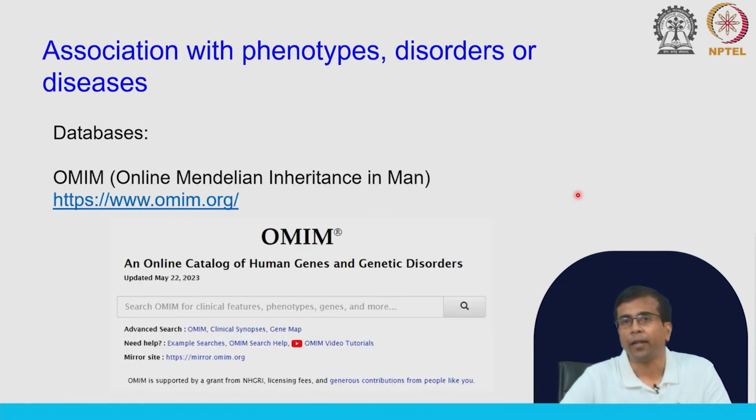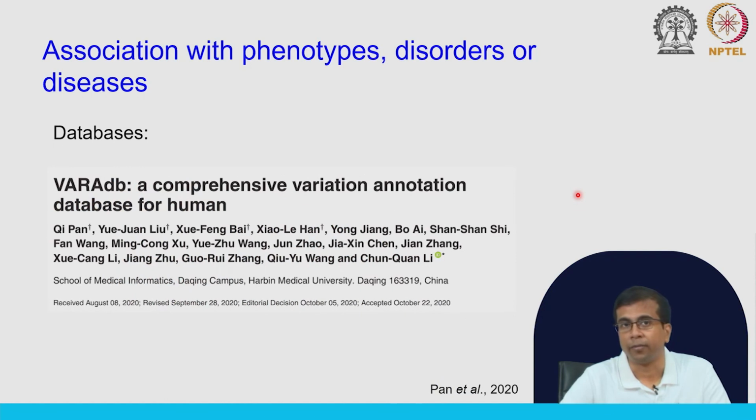Then you have the OMIM database, Online Mendelian Inheritance in Man. This is an online catalog of human genes and genetic disorders, looking at variants that have been associated with genetic disorders or diseases. You also have more recent databases coming up.